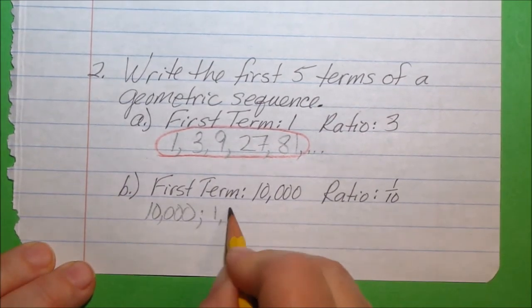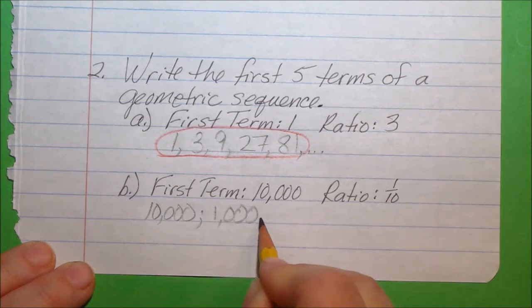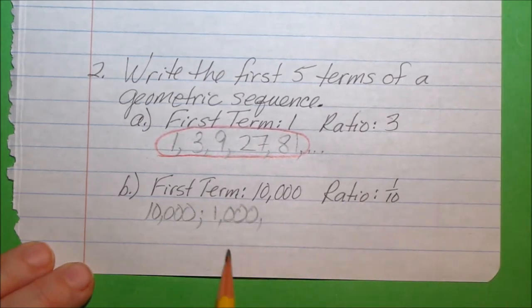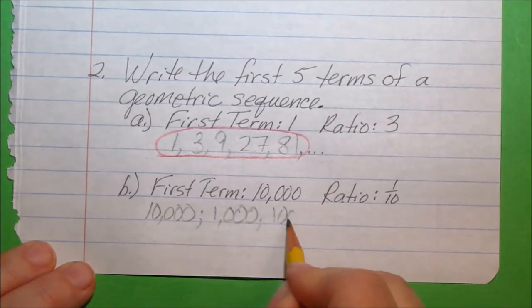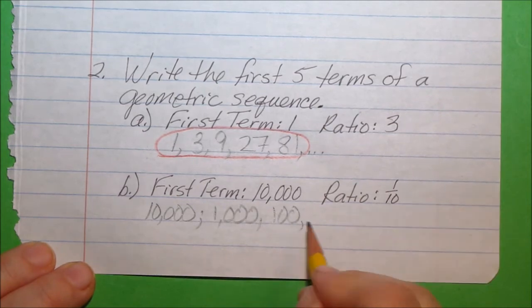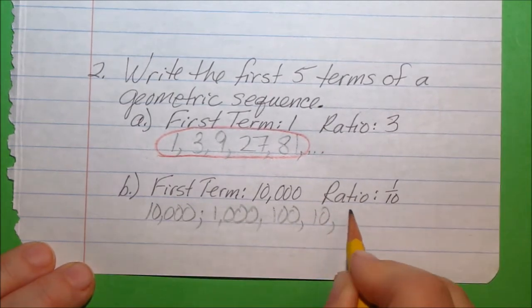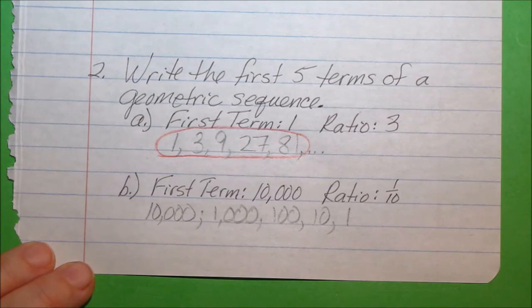So we just keep dropping off a 0 when we're dealing with these. Now when we do it by 1/10 again, we get 100. And now when I do it again, I get 10. And now when I do it again, I get 1.